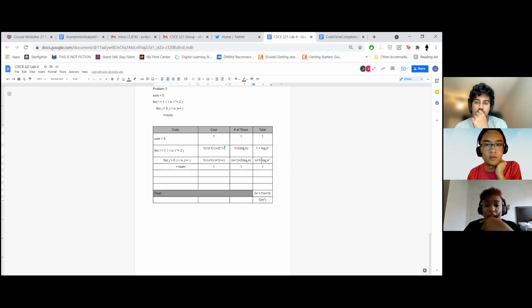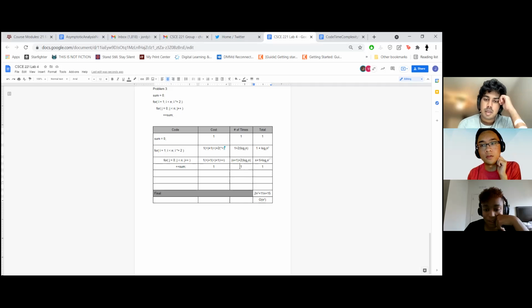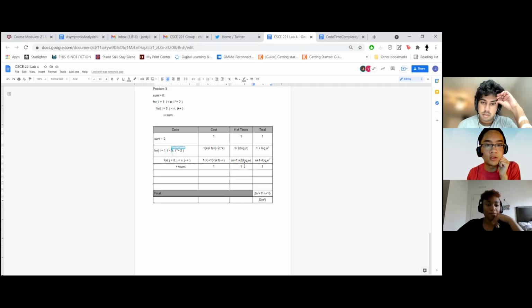So I think this just runs because it goes from 2 to the 0th power to less than 2, or well, I don't know. The issue is I don't know how many times this is going to run.